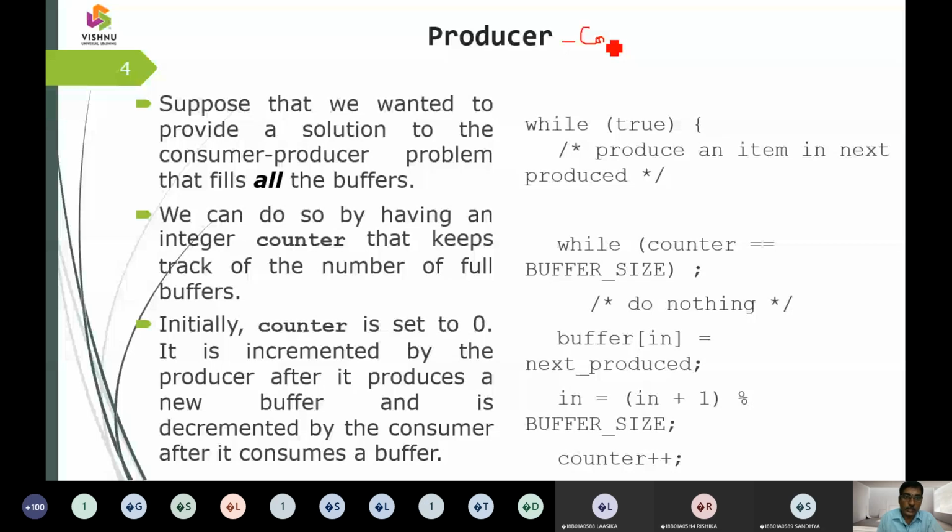Here I have a shared data structure, which is an array, and the name of the array is buffer. The buffer is tracked by the input operation, in, and by the output operation, out.